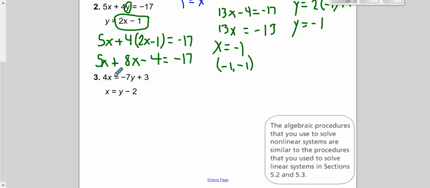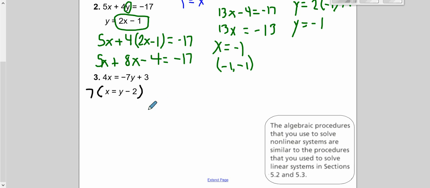Elimination is where you stack up the two equations and add them together, but you want either the coefficients of the x's or the coefficients of the y's to be opposites. So here we have a -7y, and here we have a +1y. So I can turn this y into a +7y if I multiply this entire equation by 7.